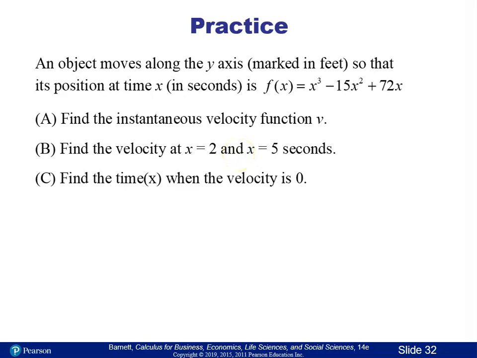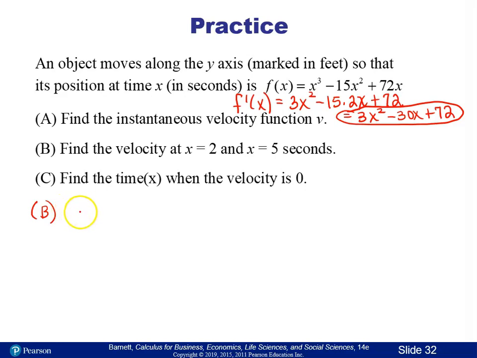Okay, last problem, just one for you to practice with. So if we want to find the instantaneous velocity, that's going to be the derivative. The derivative here is 3x squared minus 15 times 2x plus 72. So that's going to be 3x squared minus 30x plus 72. Okay, so we need to evaluate the velocity at 2 and also the velocity at 5.